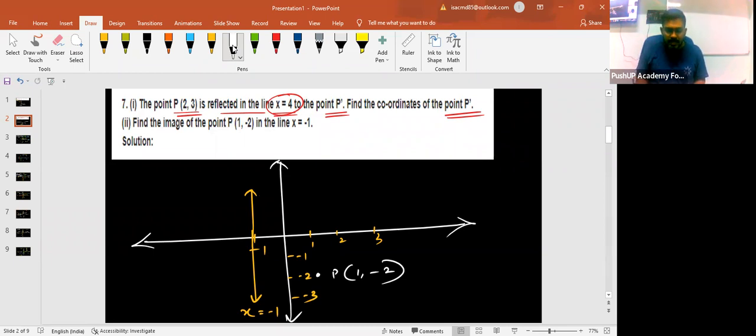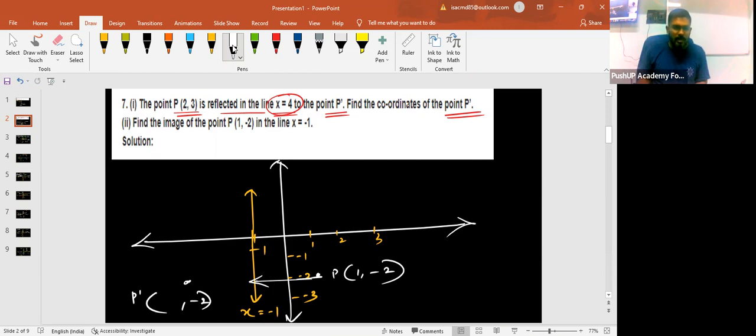They are asking us to reflect it through this line. Children, what is that line? It is a line parallel to the y-axis. Is there any change in the y coordinate? There is no change in the y coordinate. So wherever is your point P dash, the y coordinate will remain -2 itself. We just need to see what is the x coordinate, right? So children, how much distance did it cover? 2 units, isn't it?